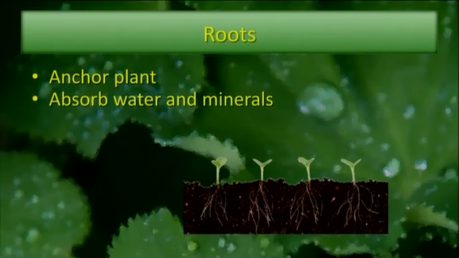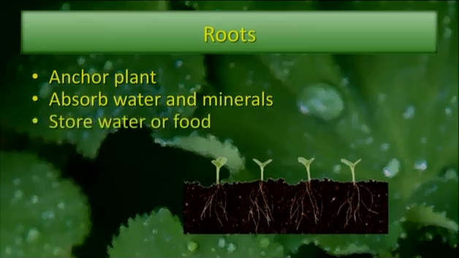Another function of roots is to absorb water and minerals. So roots anchor the plant and they absorb water and minerals. Those are the two main functions of a root in a plant. Secondary functions include the storage of water or food, and also they do reproduction in some cases. We'll go into that in a little bit.